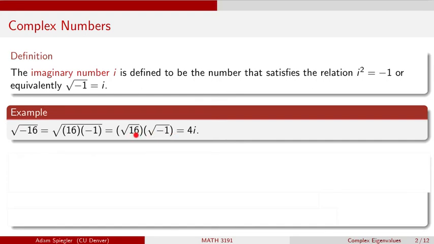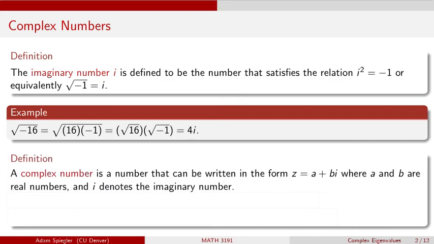The square root of 16 is 4. The square root of minus 1 is i. So therefore, we say the square root of minus 16 is the complex number 4i. And I just used a term that we haven't defined yet, which is complex number.